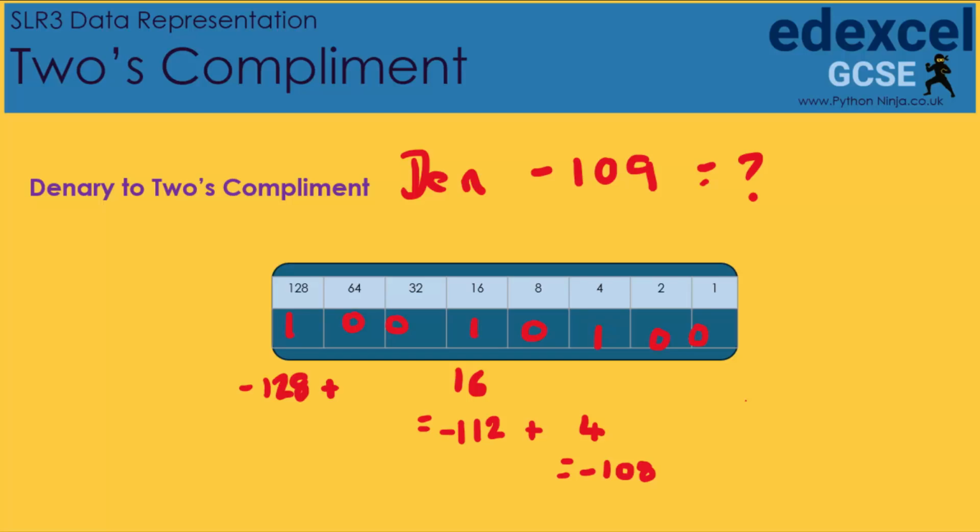We started off with a 1 here, so that gives us the starting point of minus 128, and then we needed to add 16, which gave us minus 112, and then we needed to add 4, which gave us minus 108. So I've made a mistake, have I not?